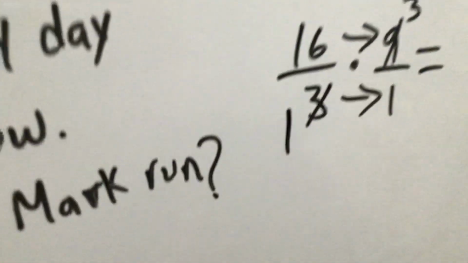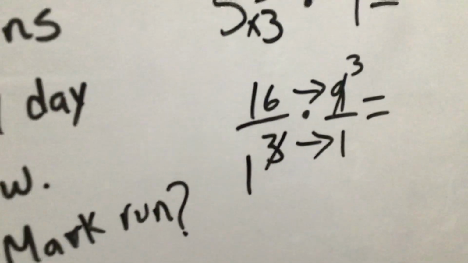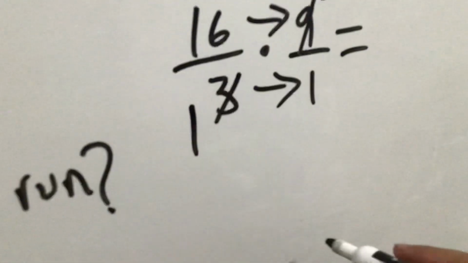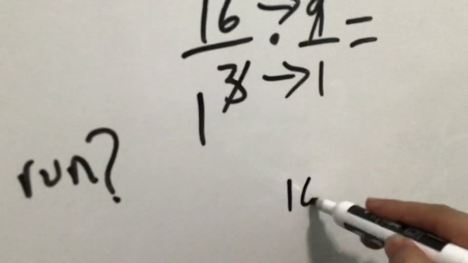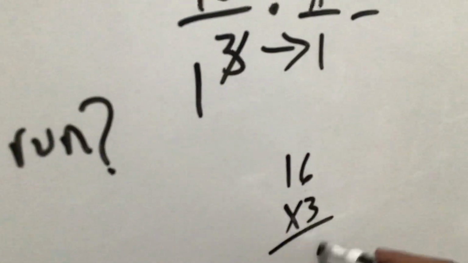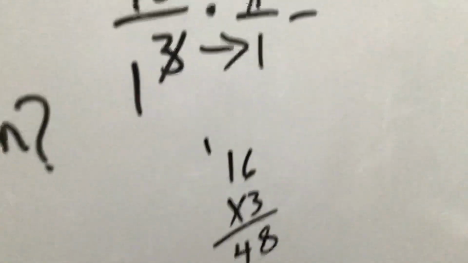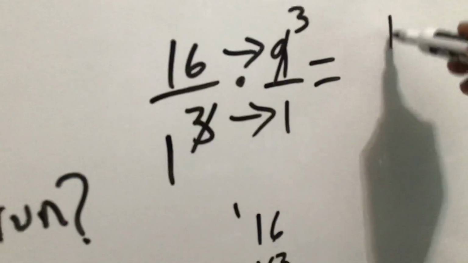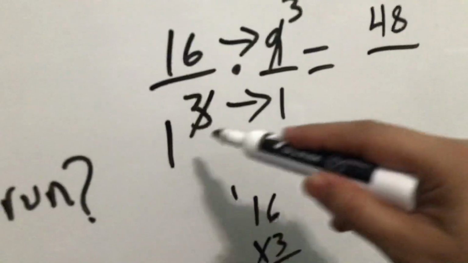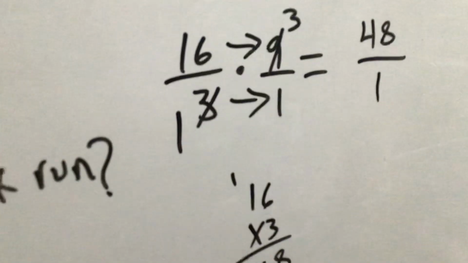So I can replace that with the 1. So now that would leave me with 16 times 3, and that would be 48. So 16 times 3 is 48, and then 1 times 1 will be 1.